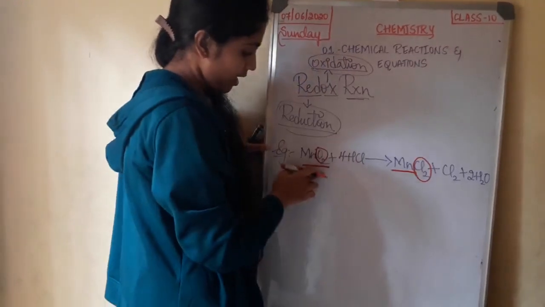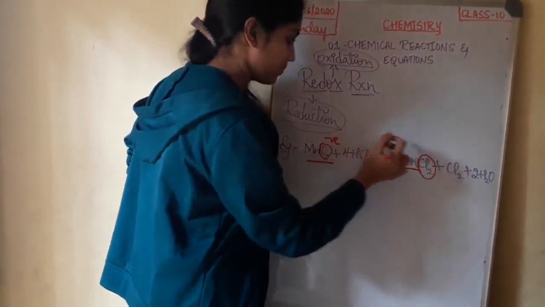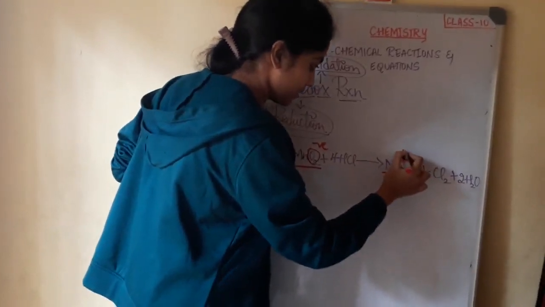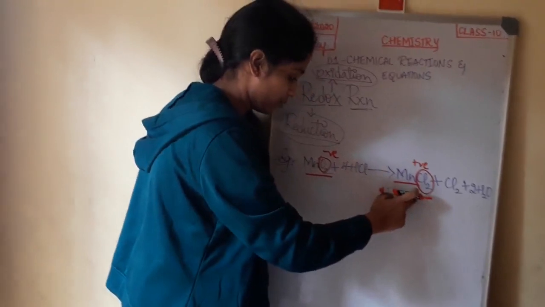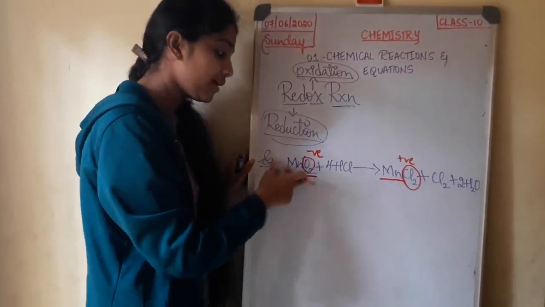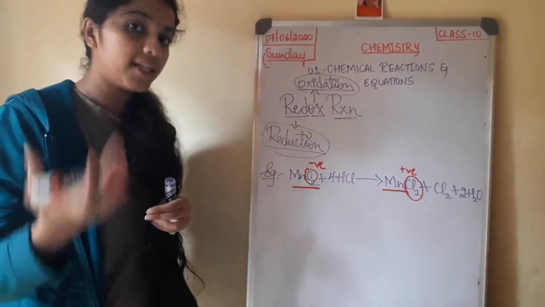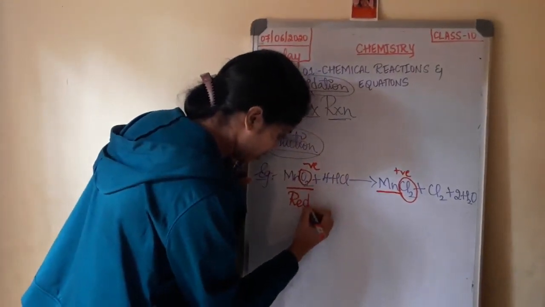Now, oxygen is an electronegative element, an electronegative ion, and this is an electropositive ion. Oxygen is getting removed from manganese, and when oxygen is getting removed, what is the reaction called? Yes, it is called reduction. A reduction is occurring.